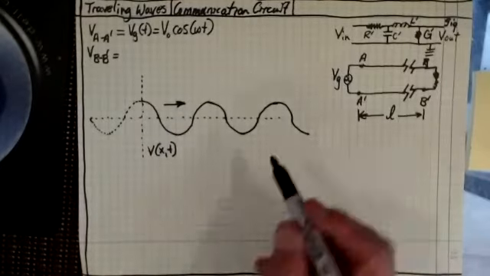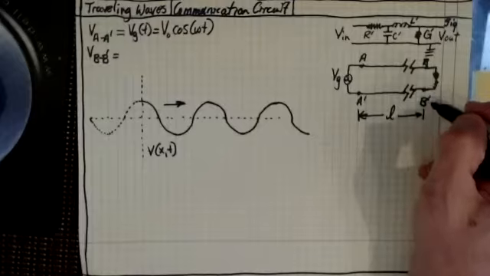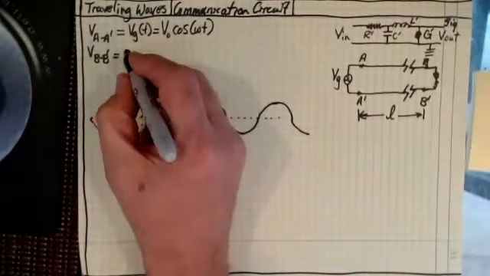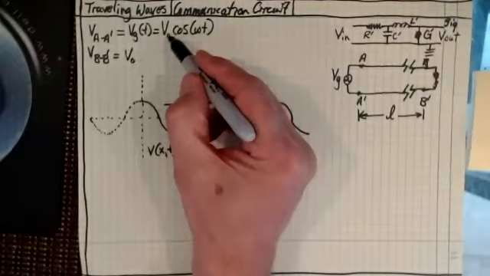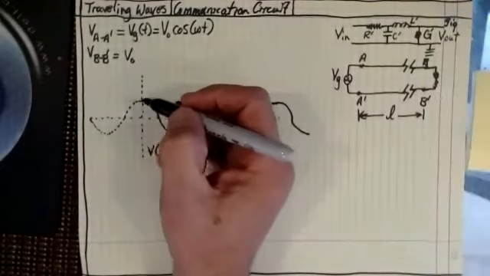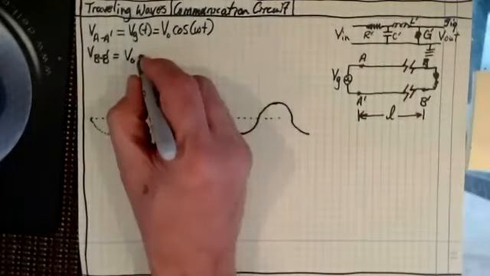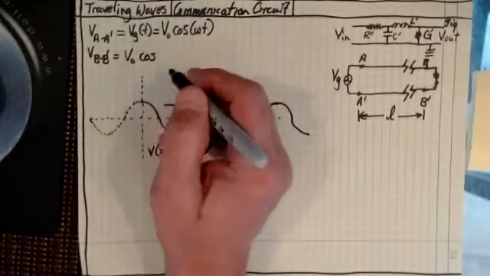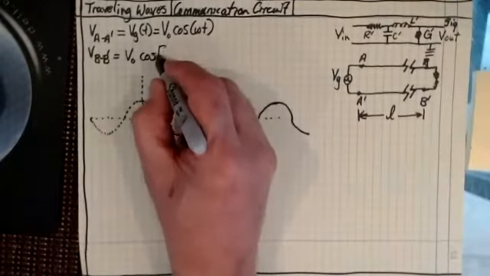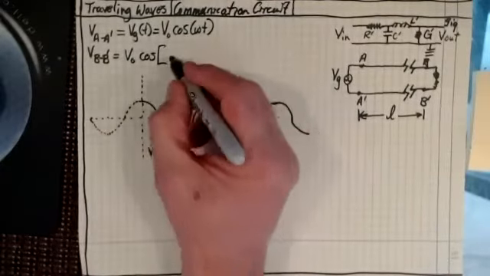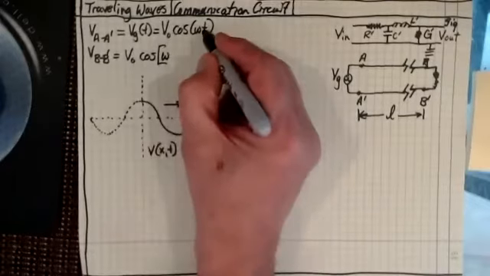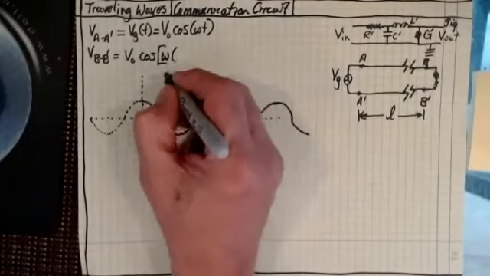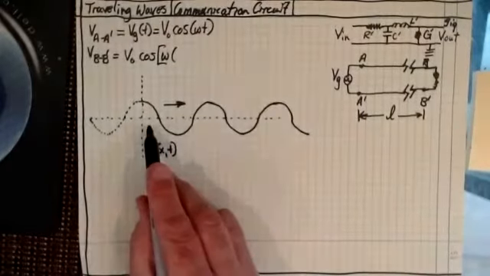Now, how do I represent that as voltage at B? Well, the voltage at B then is going to be V0, just like it is here. We're using the same magnitude and the same frequency. And it would be the cosine of omega, right? But what's the time difference at B?